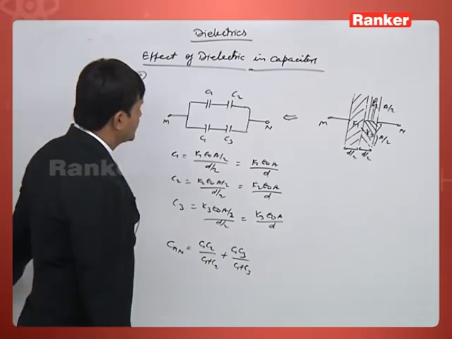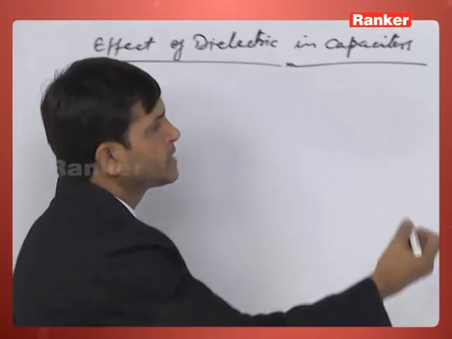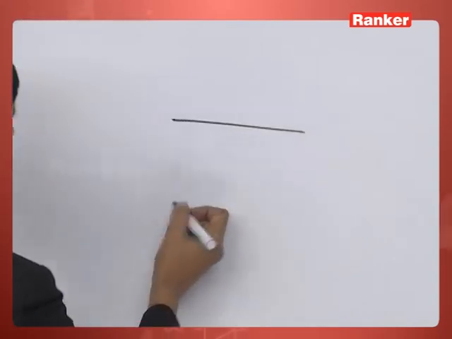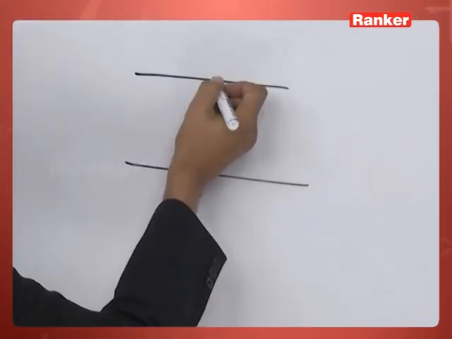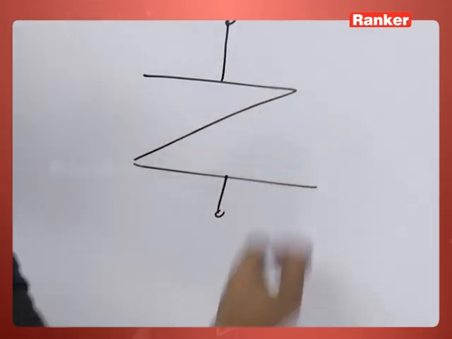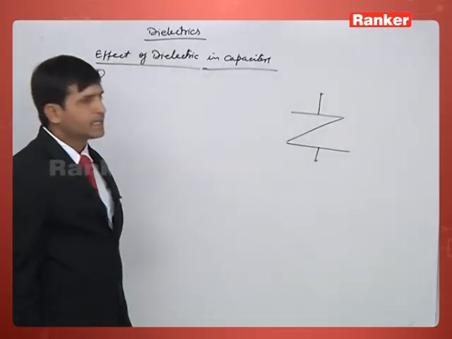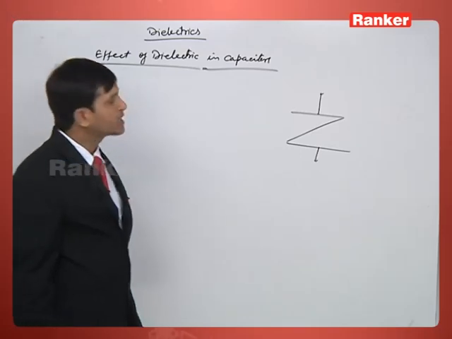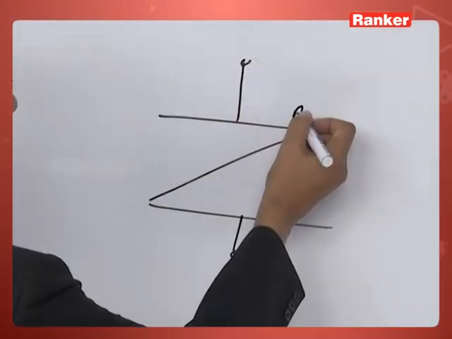Another arrangement. Now in this case, rather than filling the gap between the plates in a straight way, if we fill the dielectric like this diagonally, then what is the effect and how will we get the answer?